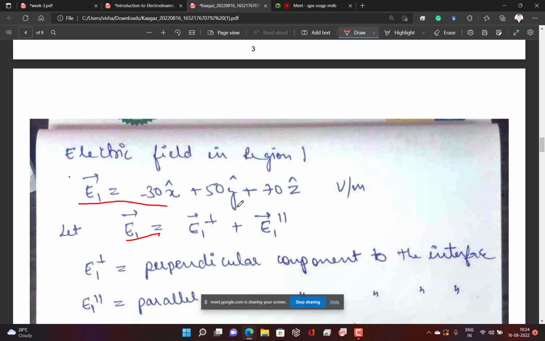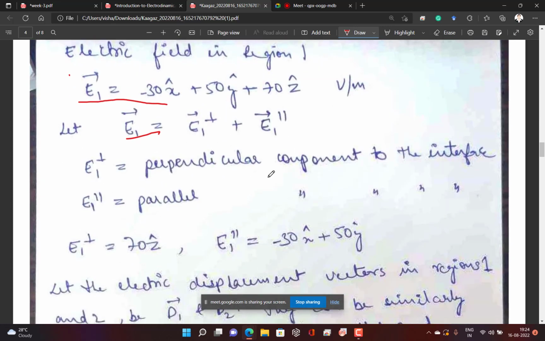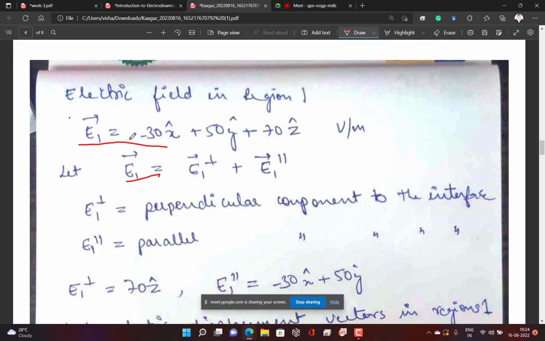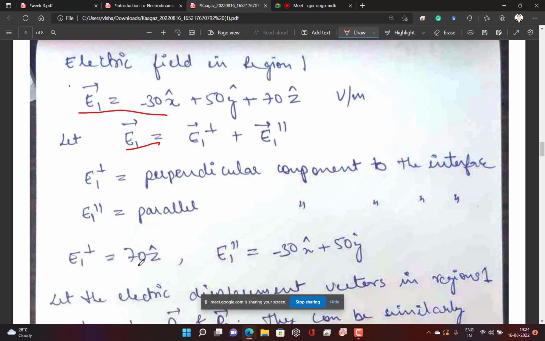With the interface we can write E1 perpendicular and E1 parallel. Since E1 is given to us and the XY plane is the interface, E1 perpendicular will be the one having the Z component, isn't it? So, this one.